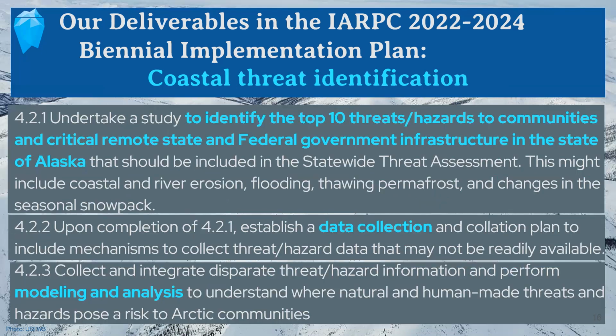And then ones around coastal threat identification. So what are the main threats for communities in remote and coastal Alaska, including collecting data on those threats and then modeling and analysis of those threats. And so that was a very brief, very quick overview of our deliverables that we're looking at over the next year.